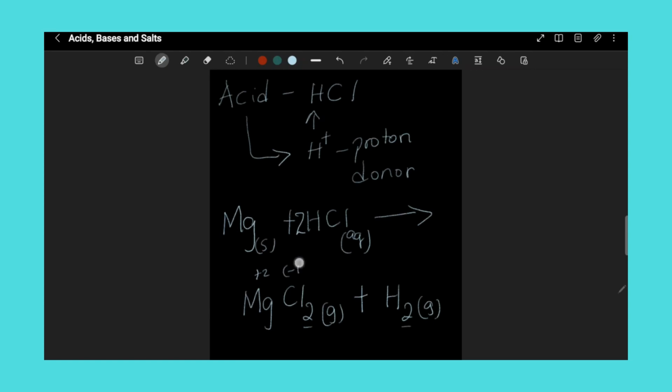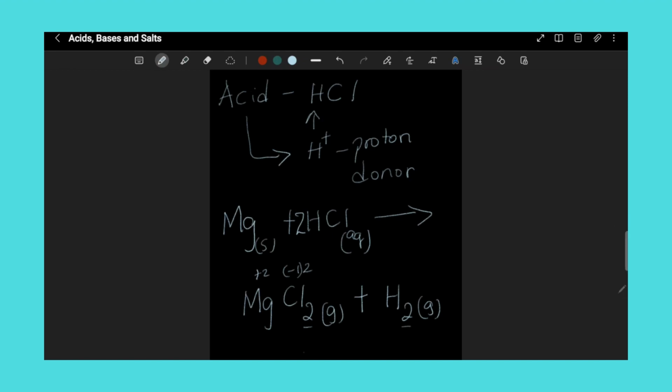We have to make sure that the positive and negative balance out, so we need 2 Cl to match the 2 positive. On the other hand, hydrogen gas exists as a molecule, so we have H2. On the other side of the equation, we need to make sure that we account for the 2 Cl's and the 2 H's. So that's what we have there.